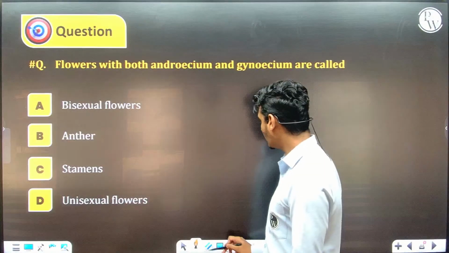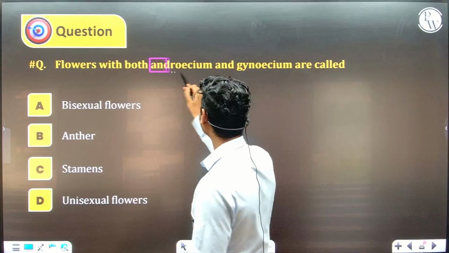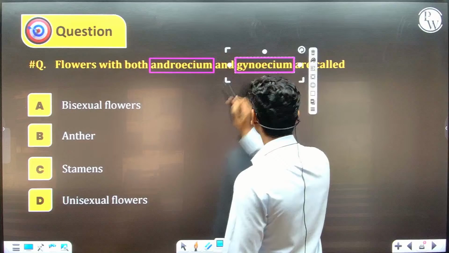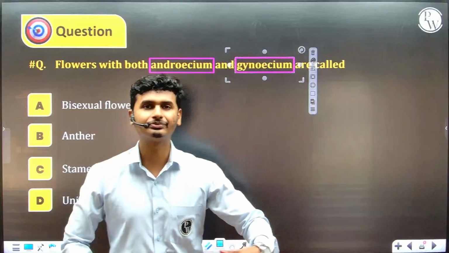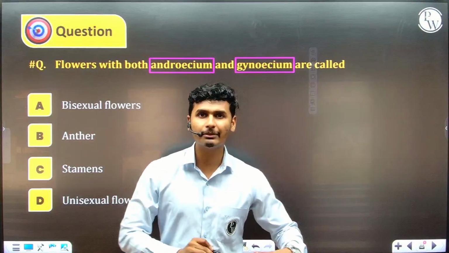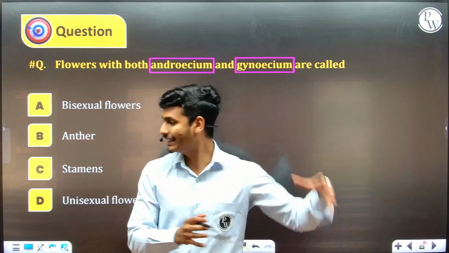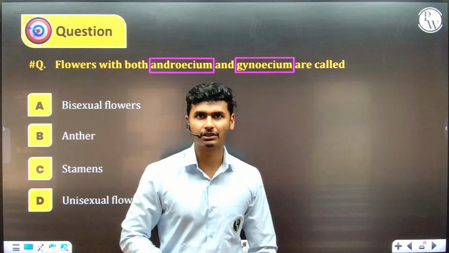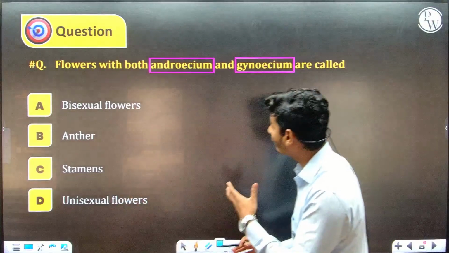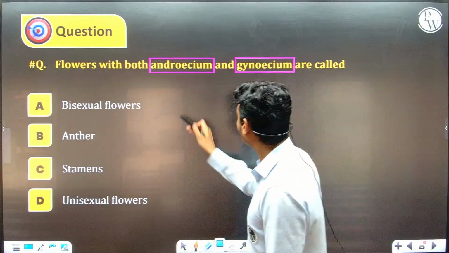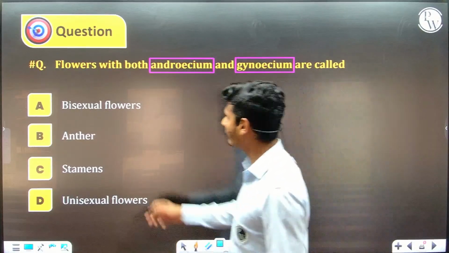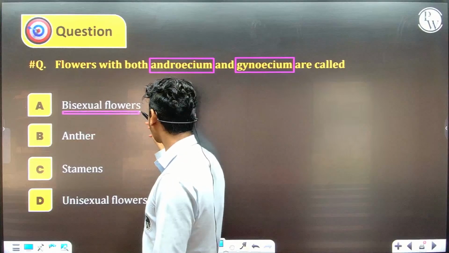Another MCQ. Flower with both androecium and gynoecium. Look, in the case of humans, bisexual means a person who is equally interested in male and female. But in the case of a flower or plant, the presence of both androecium and gynoecium in the flower is known as a bisexual flower.